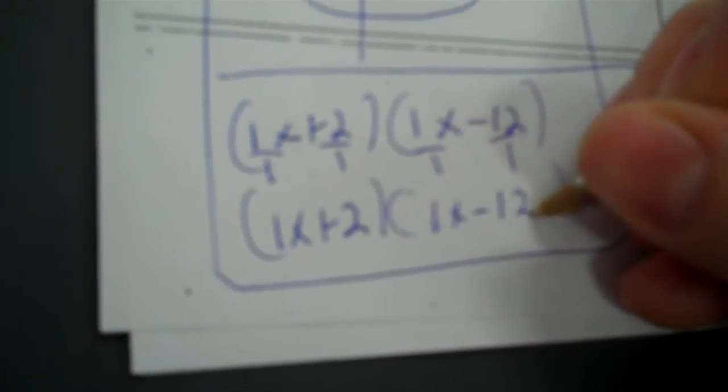Okay, so your A is 1x to the second power, okay. So you put in your positive 2, your negative 12, x times x, and then 1, 1. Okay, so 1 and 2, those can only be divided by 1, and these can only be divided by 1, so it'd be 1x plus 2 and 1x minus 12.